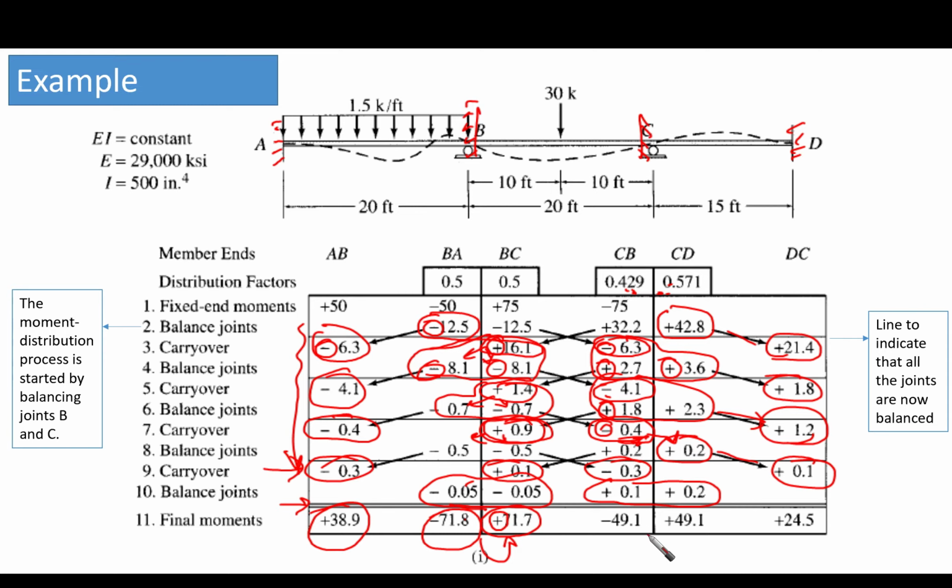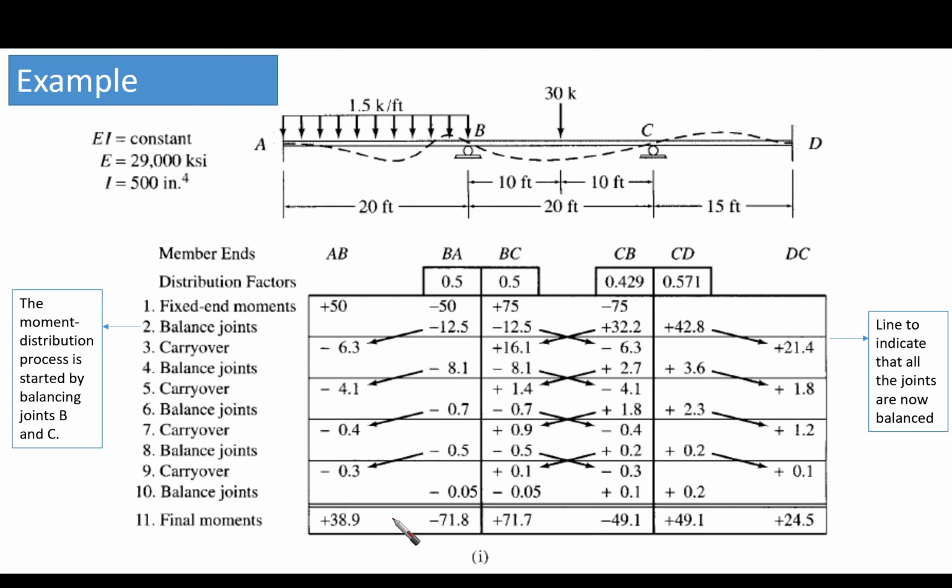Similarly at point C, we sum up and find the same magnitude, different sign. Then at point D, sum them up and you end up with this value. These are the end moments, and we can draw our structure now.